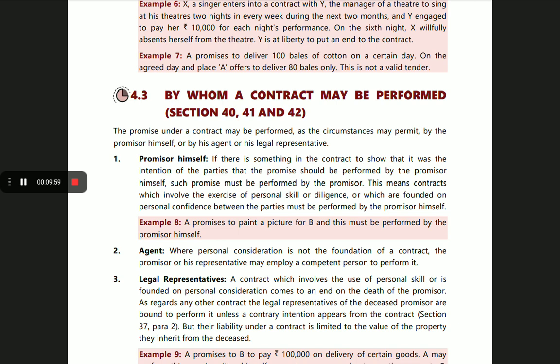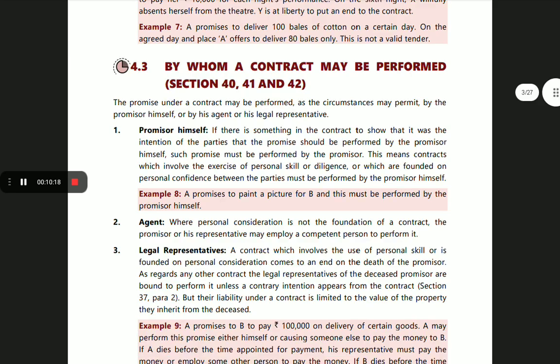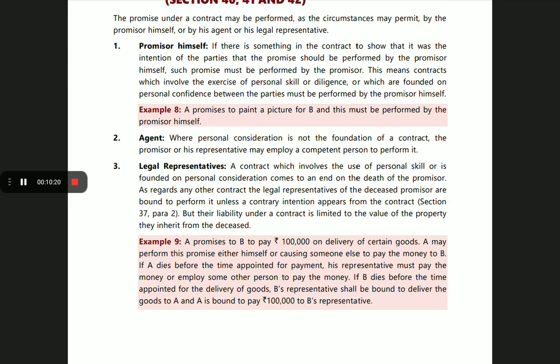Section 37, Paragraph 2. But their liability under a contract is limited to the value of the property they inherit from the deceased. Example: A promises to B to pay 1 lakh rupees on delivery of certain goods.